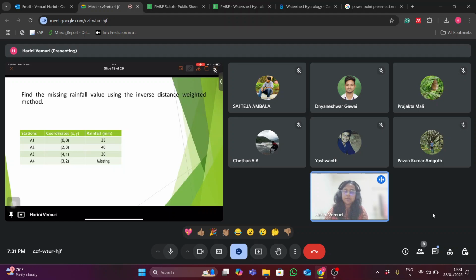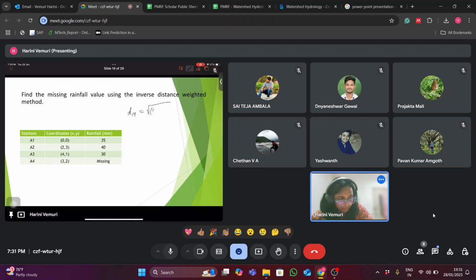So now we have one more question where we will try to find the missing value at rain gauge station A4 using the inverse distance method. As I have discussed, we will know the location of each station, so we have the x and y coordinate values for each station. First, we'll try to find the weights. So first we'll find the distance between station 1 and station 4.